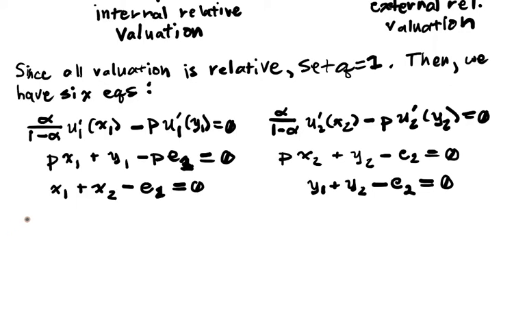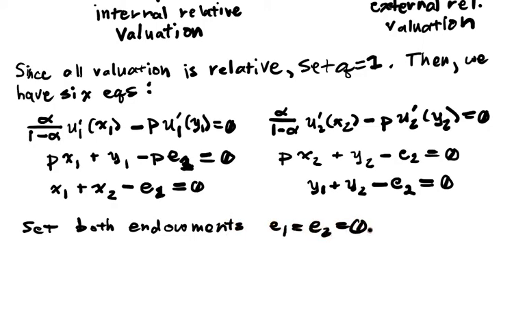Now, if we set both endowments E1 equals E2 equals 1, so both of these guys bring the same amount of good to the market, I have the same amount, and the only thing that's going to change, maybe, is the price of the good.